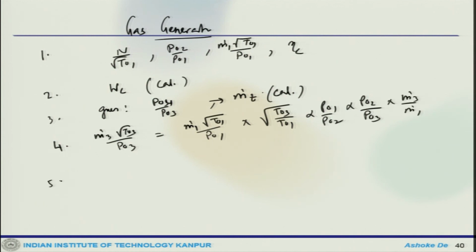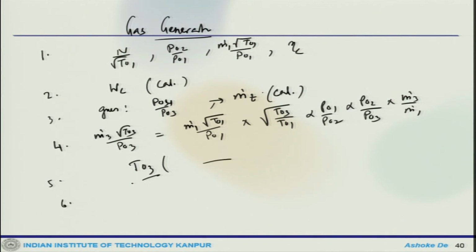So, then the next step, the turbine inlet temperature can be defined, and with that the speed line of N by root T naught 3 or the turbine efficiency can be determined.